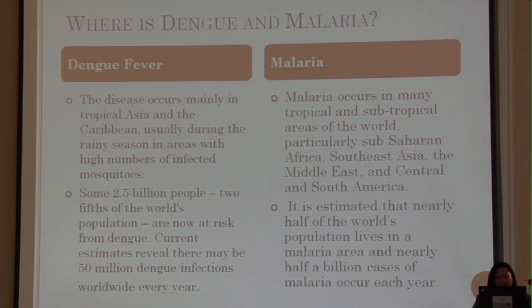Current estimates reveal that there may be 50 million dengue infections worldwide every year. Malaria occurs in many tropical and subtropical areas of the world, particularly in sub-Saharan Africa, Southeast Asia, the Middle East, and Central and South America. It is estimated that nearly half of the world's population lives in malaria areas, and nearly 500 million cases of malaria occur each year.